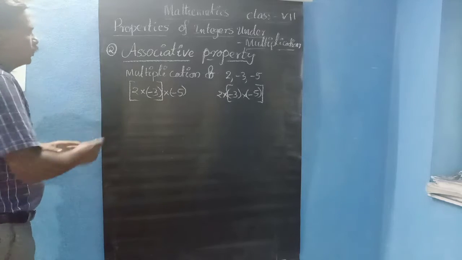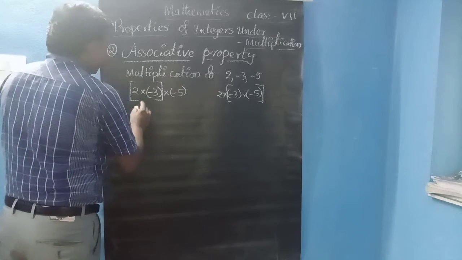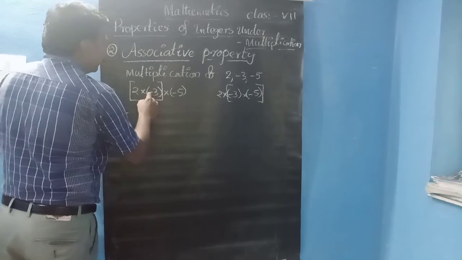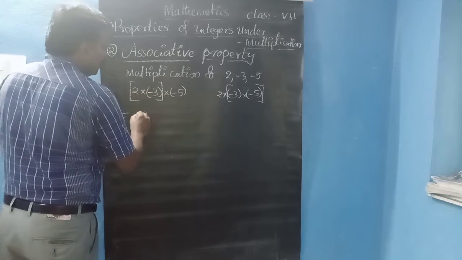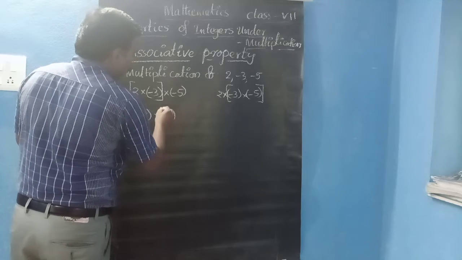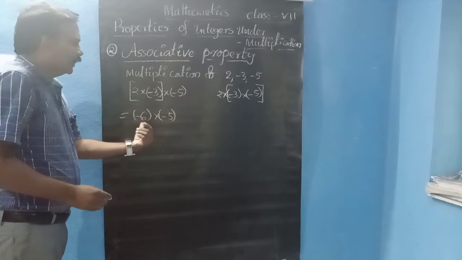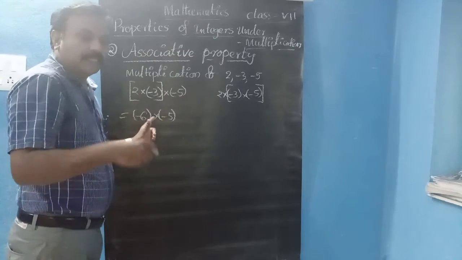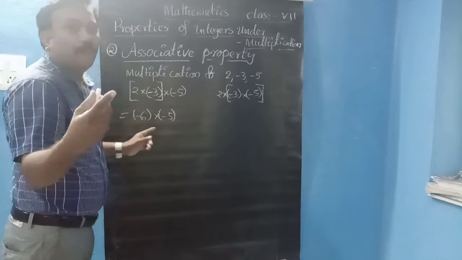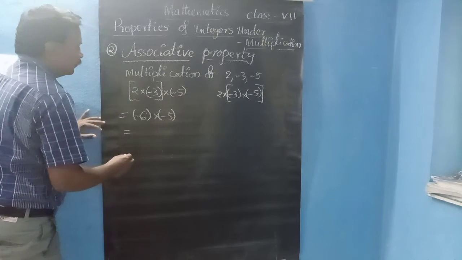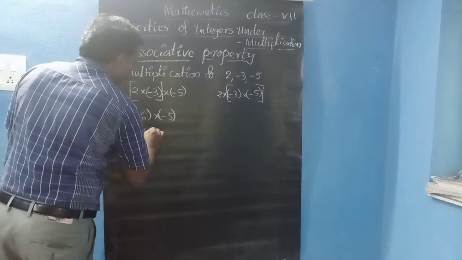Now we will go to the first one. 2 into minus 3: first of all, multiply, 3 2s are 6. Plus into minus, minus 6 into minus 5. Multiplying a negative integer with a negative integer gives a positive integer. So 6 5s are 30.